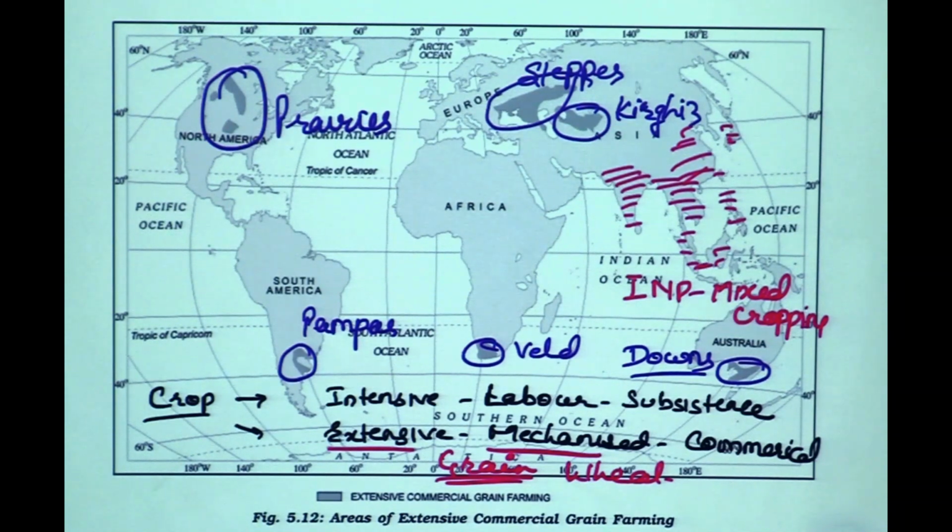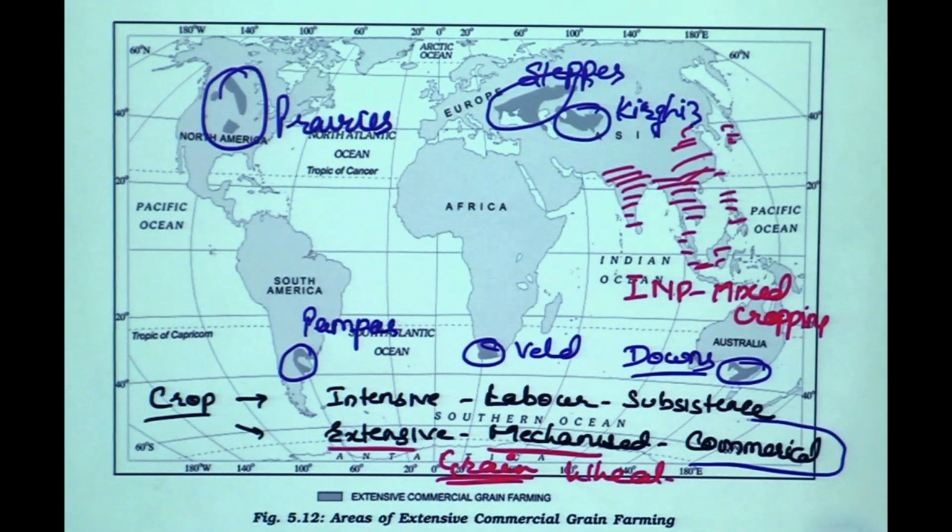Which type of agriculture it is? It is extensive, mechanized, commercial. Which type of agriculture is practiced in India? Intensive, labor-oriented subsistence.